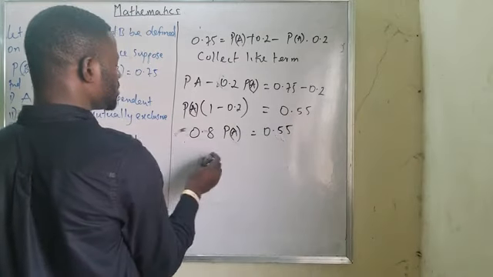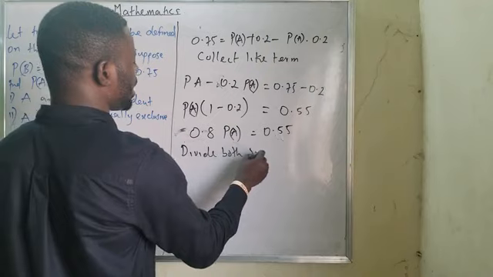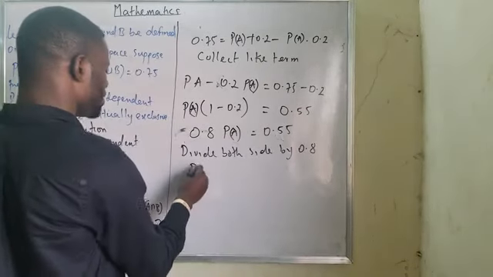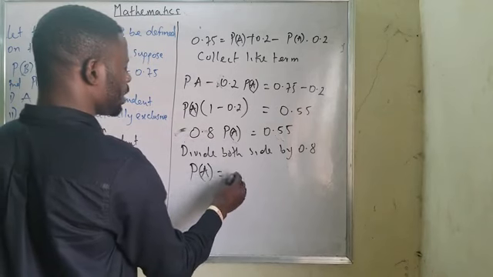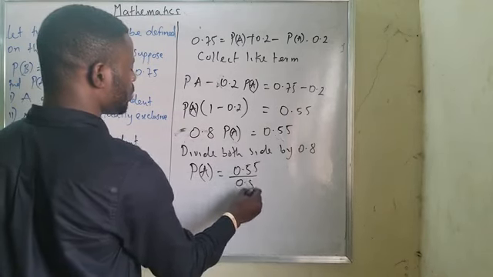Equals 0.55. Divide both sides by 0.8. Now the probability of A will be equal to 0.55 divided by 0.8.